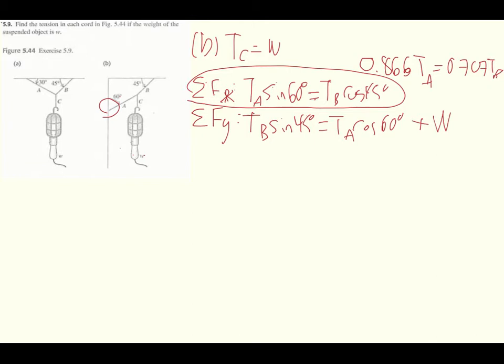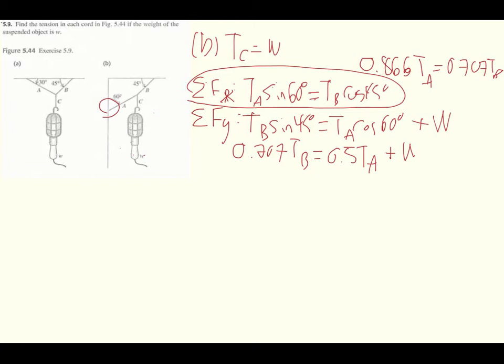But you can see that the F sub y equation is going to be slightly different anyway. 0.707 T sub B equals 0.5 T sub A plus W.